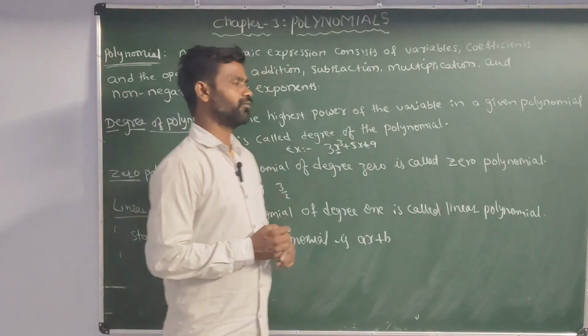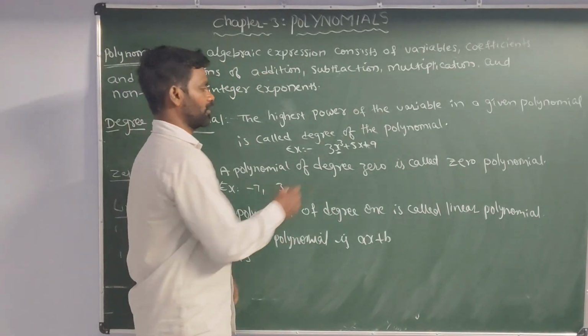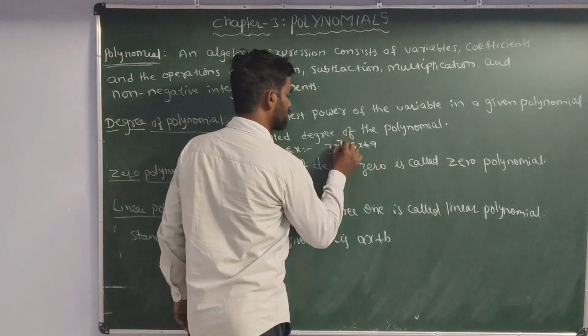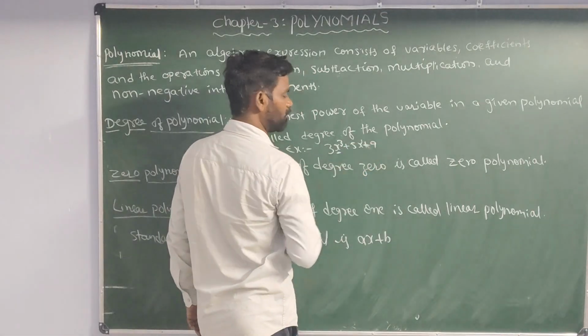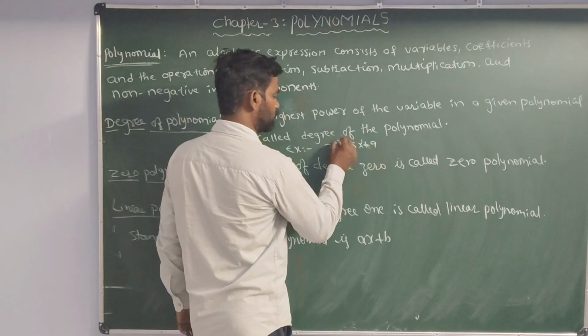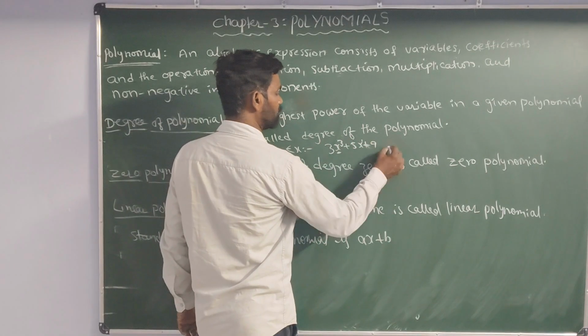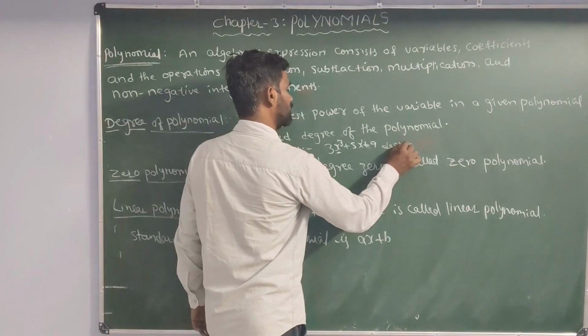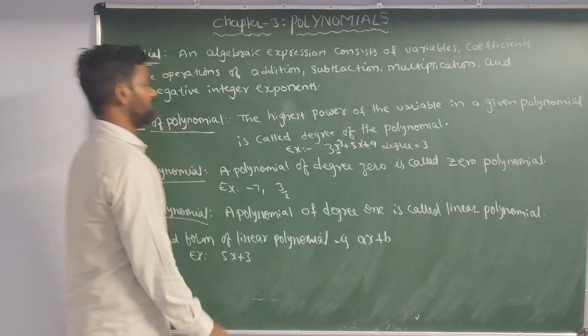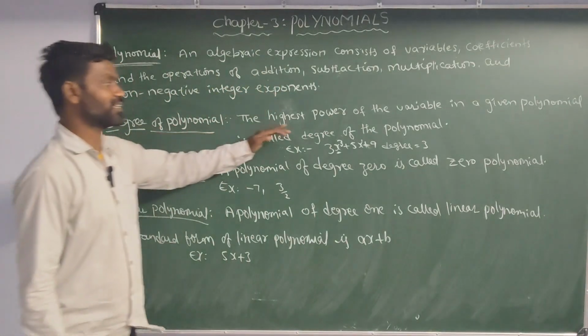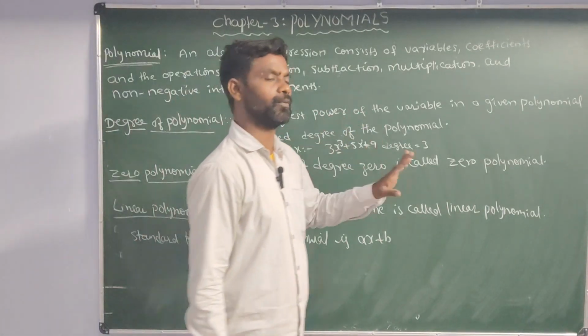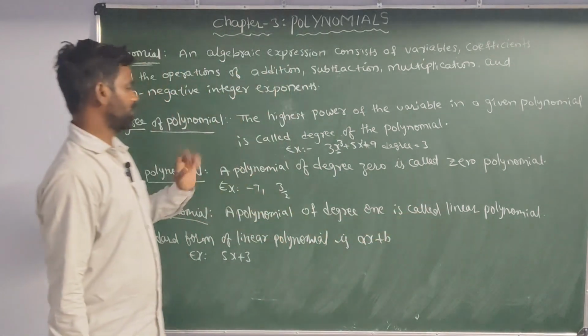The x power is 3, and here the x power is 1. Whose power is more? This 3 is higher than 1. Therefore its degree is 3. So degree is nothing but the highest power of the variable in the given polynomial.